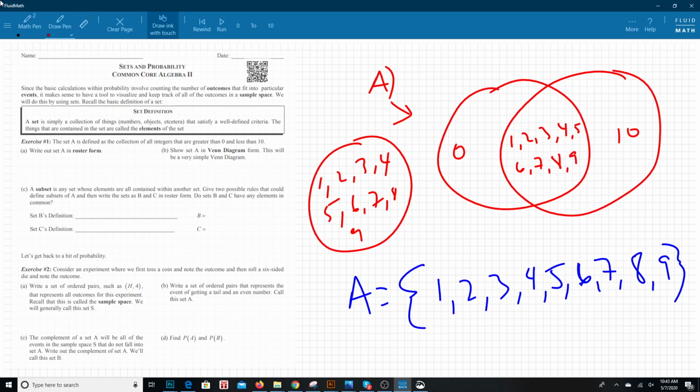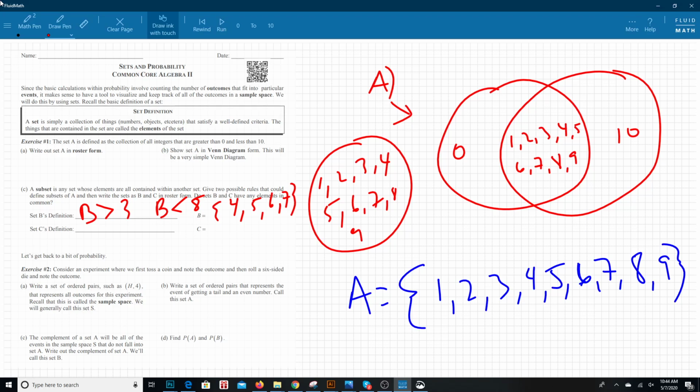Okay, so two rules that could define subsets of A. We can say subset B is going to be greater than 3, and B will also have to be less than say 8. That's a subset. So it's greater than 3 and less than 8. So we could say that subset would be 4, 5, 6, 7.